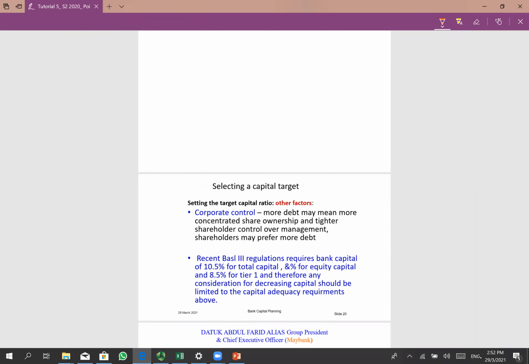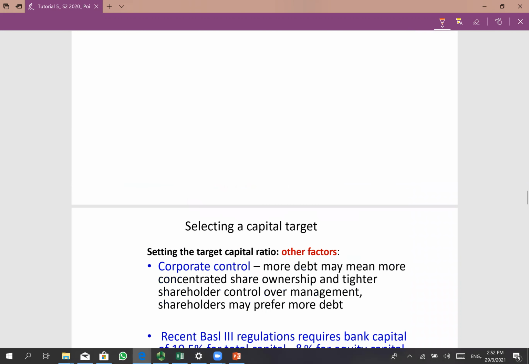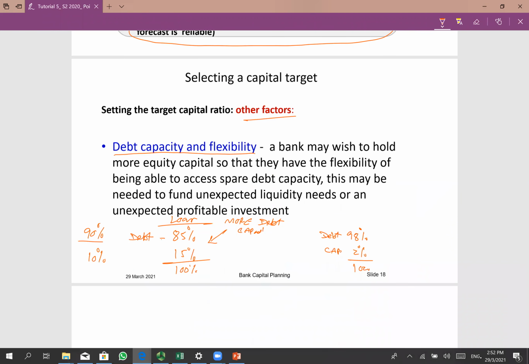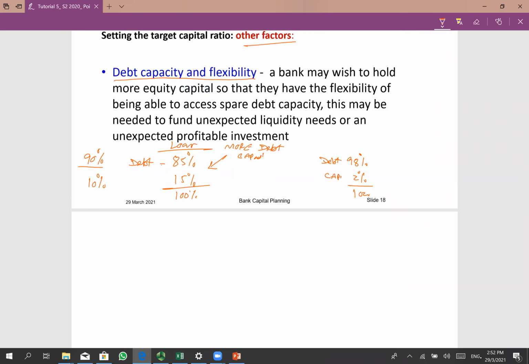The other thing is, of course, in this case, for example, people will perceive you more, but this is already very, very risky. If you are going to reach 100% of your assets from debt, then it's a problem.